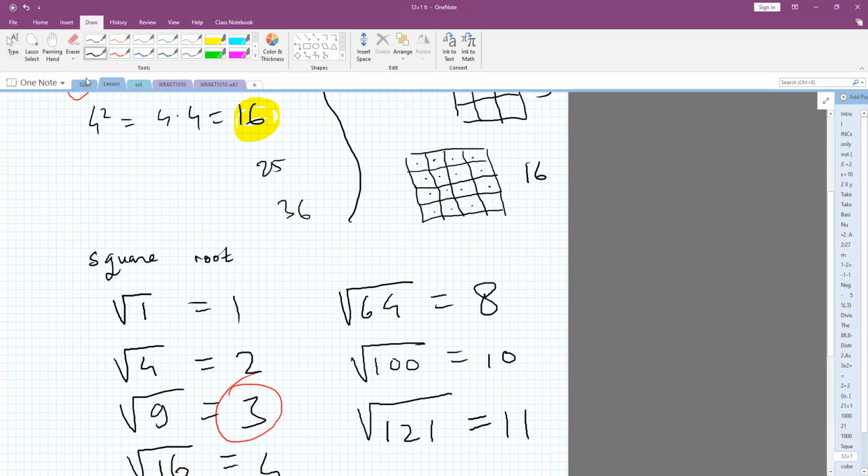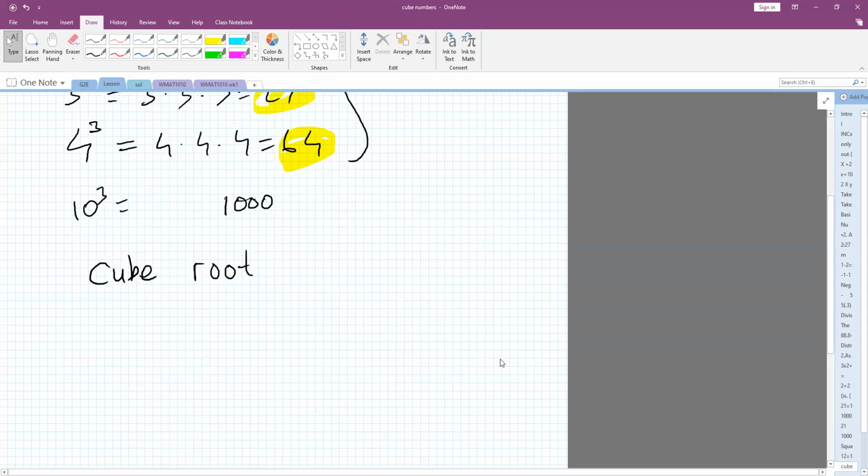Sometimes in some textbooks they write it with this symbol and put a number here, but normally if you don't put a number, we have an agreement that this is a square root. When you have a cube root, you write a similar symbol and then you put the number 3 here.